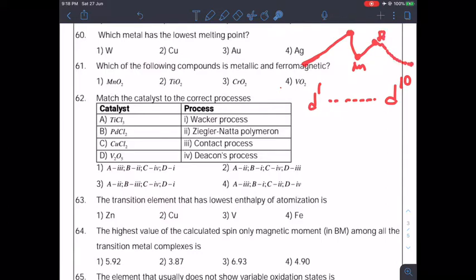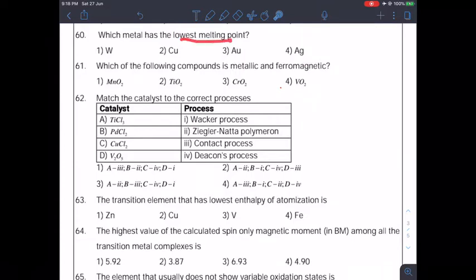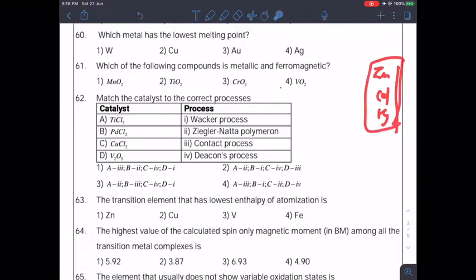So as the number of unpaired electrons in D decreases, it constantly decreases. So which metal has the lowest melting point? On the extreme right side, zinc, cadmium and mercury have the lowest, and just before that it is copper, Ag and Au.